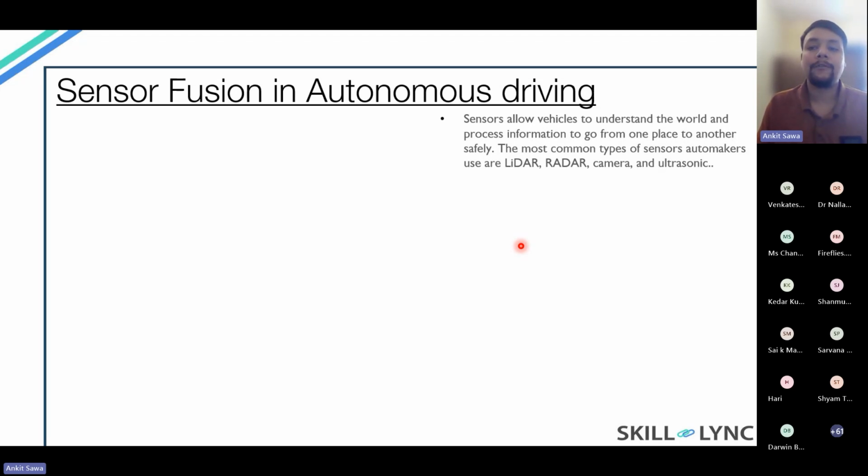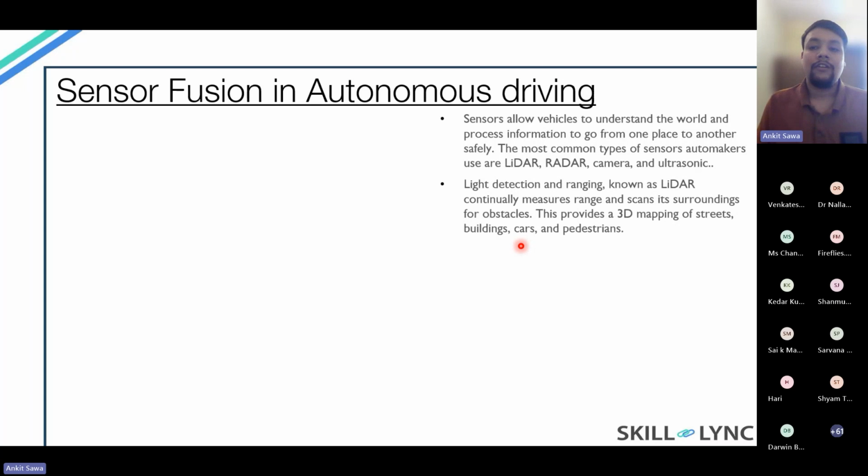The most common types of sensors that automakers mount today on vehicles are lidar, radar, camera, and ultrasonic sensors. Lidar, which is a light detection and ranging sensor, continually measures range and scans its surroundings for obstacles. It basically provides a 3D mapping of streets, buildings, cars, and the pedestrians walking on it.